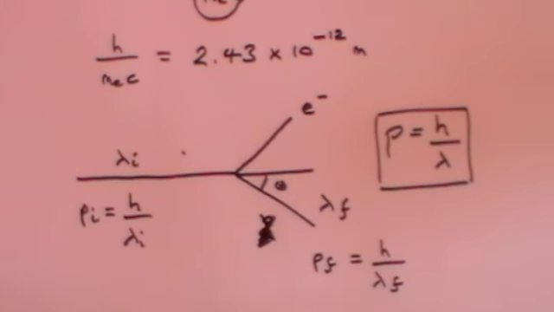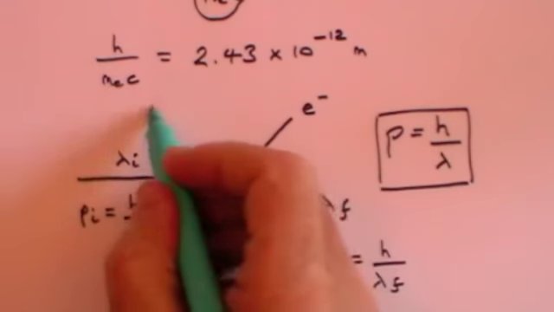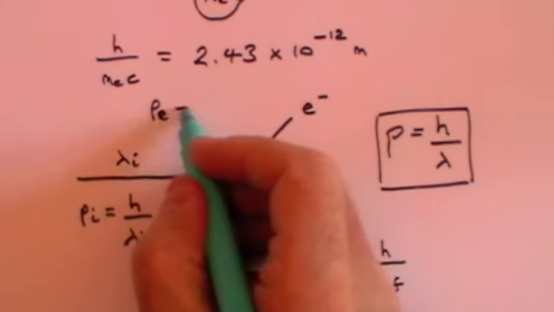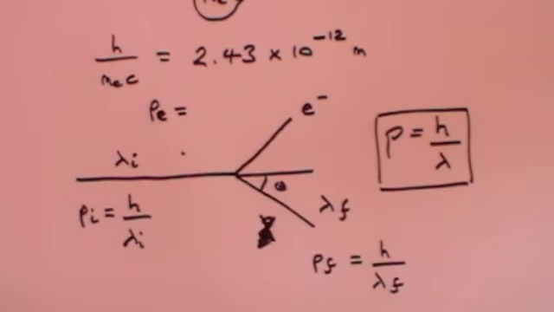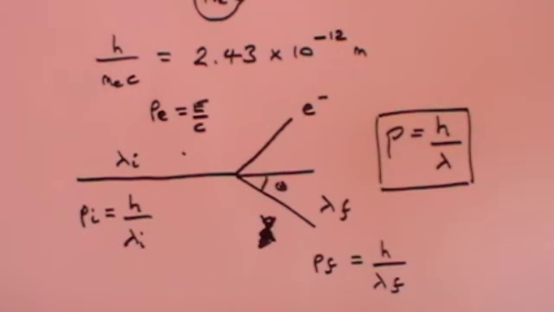And what about the momentum of the electron, which we will call p_e? Well, the series of 5 videos that I did on special relativity, and in particular the 5th video, shows that momentum is equal to energy divided by the speed of light, c.